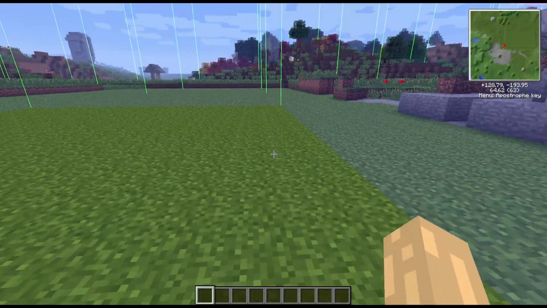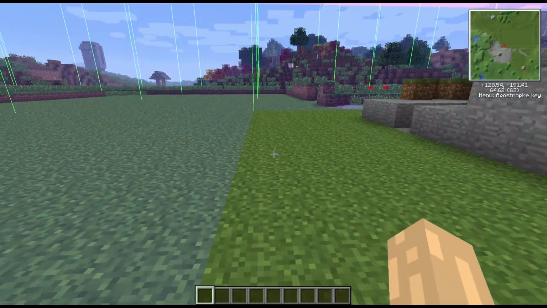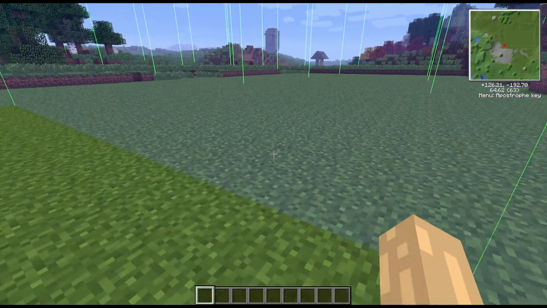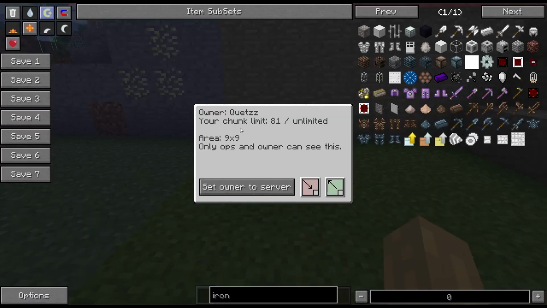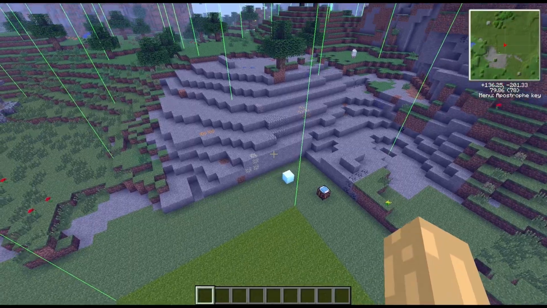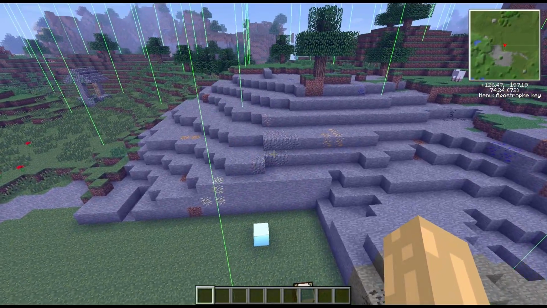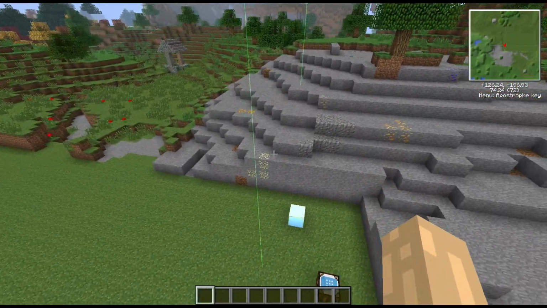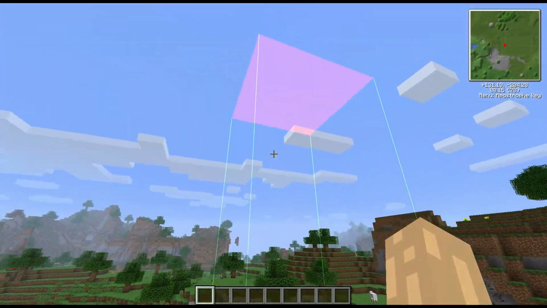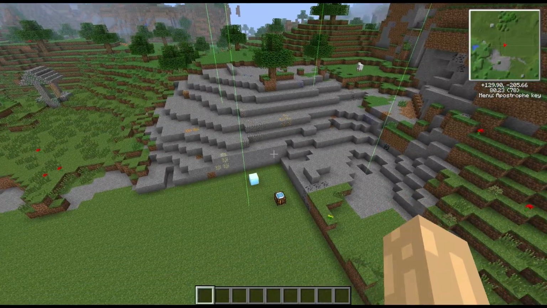You can also see exactly where your chunks are. The chunk you're in is clear, and then all the others are blue. And as I said, you can shrink that back down with this, so it's only loading the one chunk, which we probably need to toggle F9 again for. So as you can see, the green lines are showing you your one chunk that's going to keep loaded.